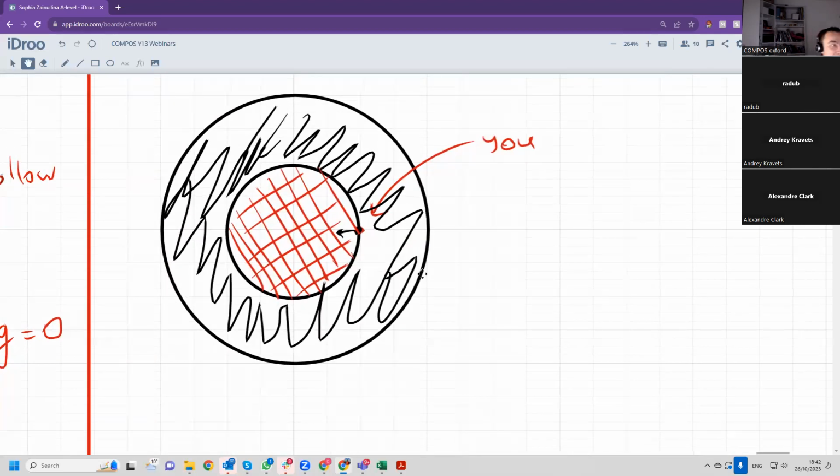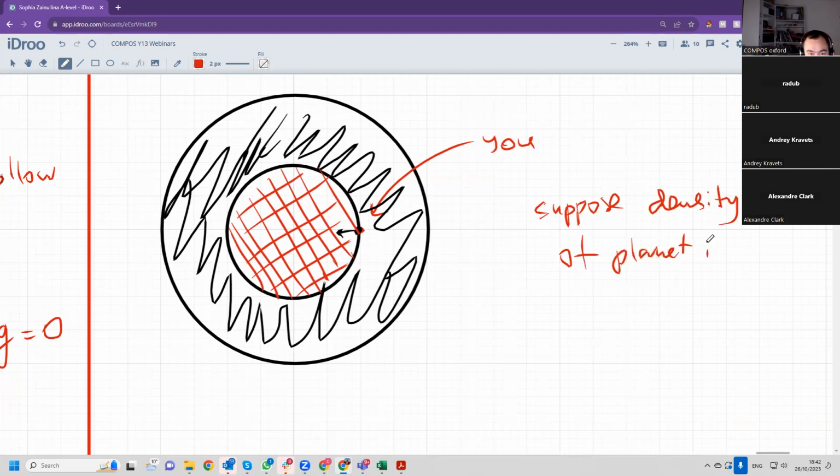So, suppose the density of the planet is rho. R is the radius of the big sphere. r small is the radius of the small sphere.